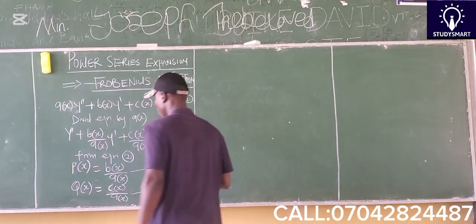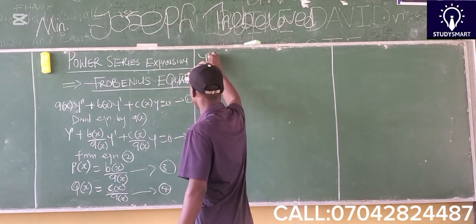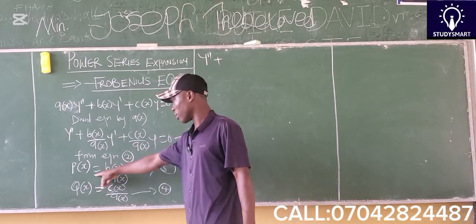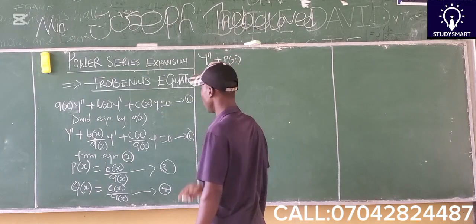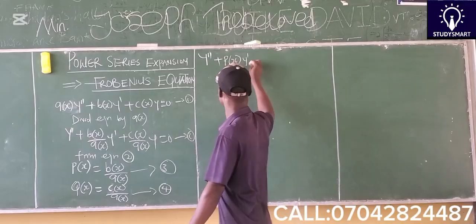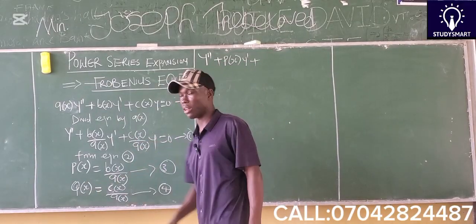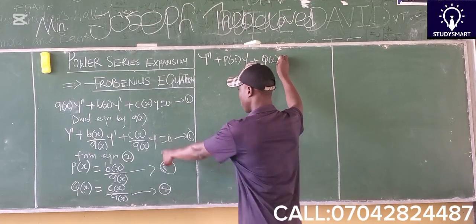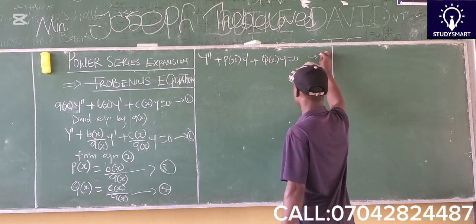So I have y prime prime plus p of x y prime plus q of x y equal to 0. We can call this equation 5.